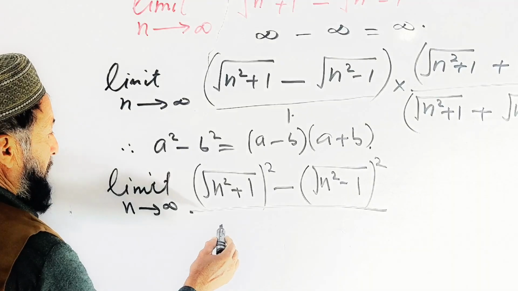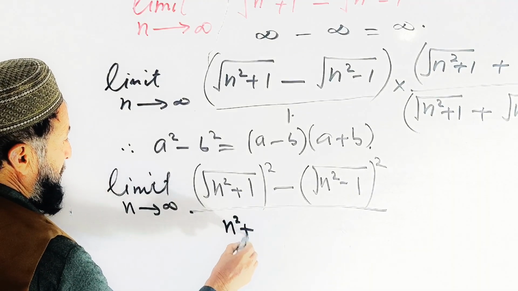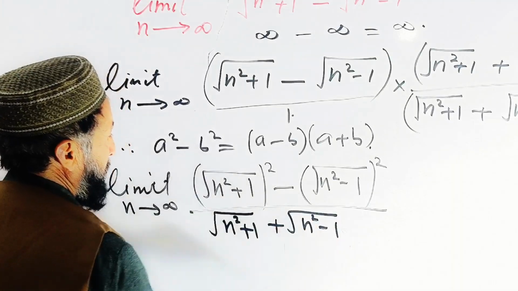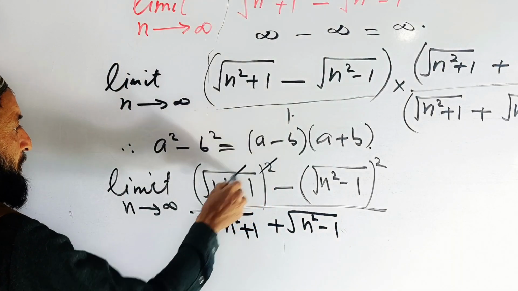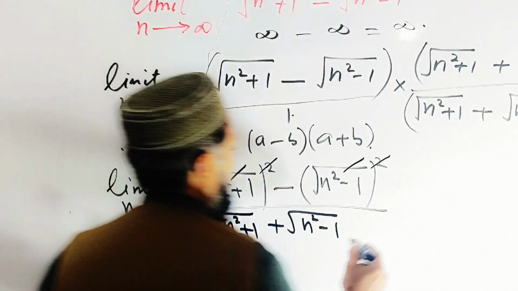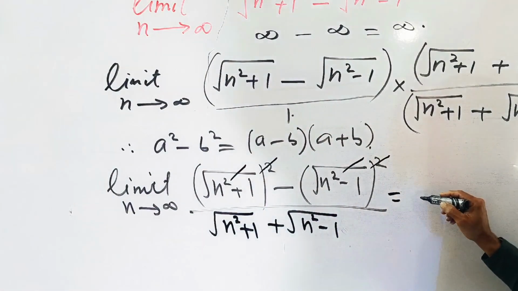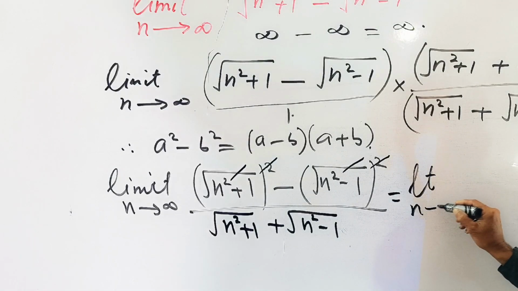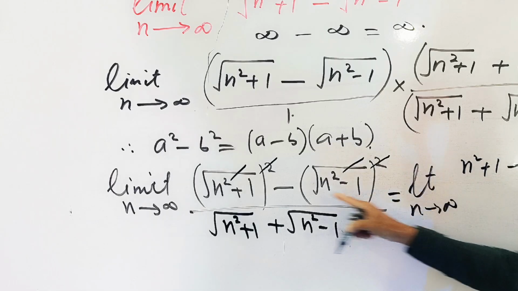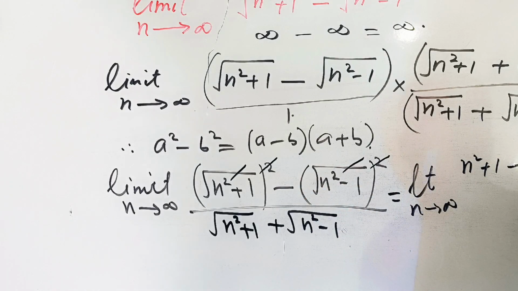Now the square root of n squared plus 1 plus the square root of n squared minus 1. The square roots cancel with the squares, and we get the limit as n tends to infinity of n squared plus 1 minus n squared minus 1, divided by the square root of n squared plus 1 plus the square root of n squared minus 1.